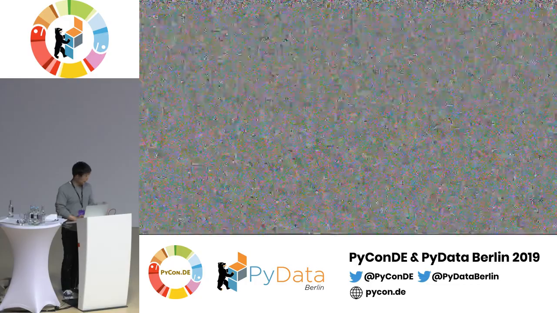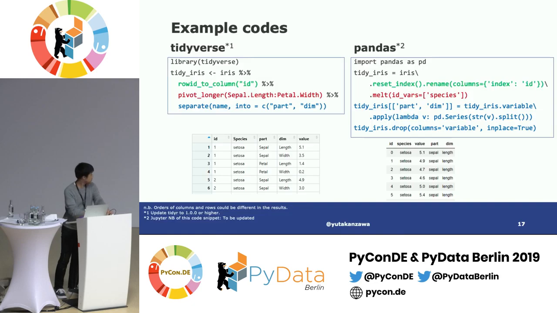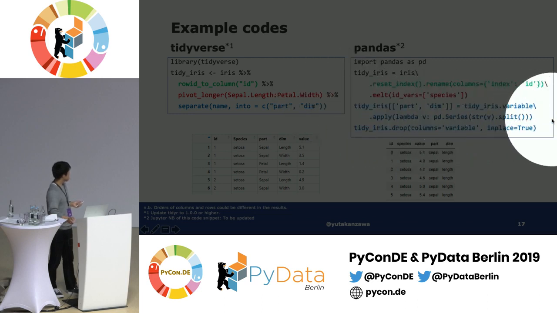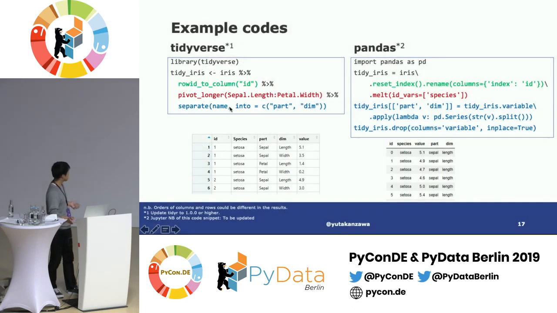So as you can see, when separating a column, tidyverse is much simpler than pandas, because in pandas there is no such function to do that job. I think it's just a difference, but this is one of the features I like in tidyverse.